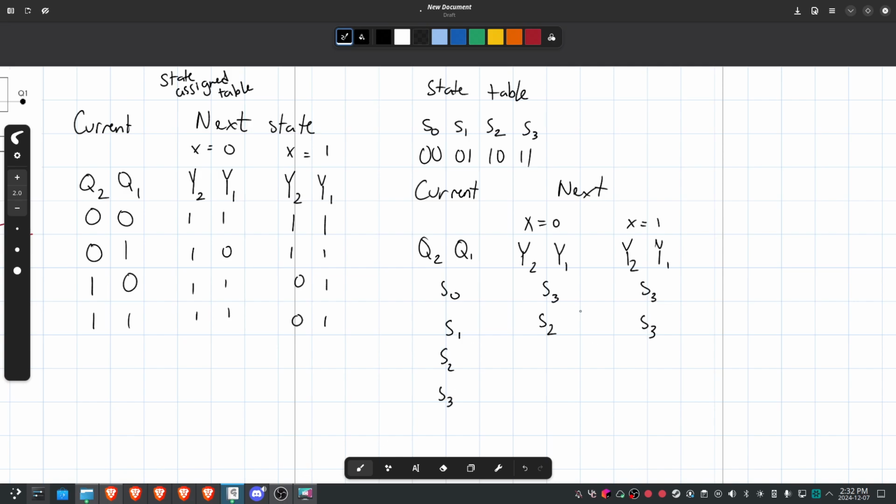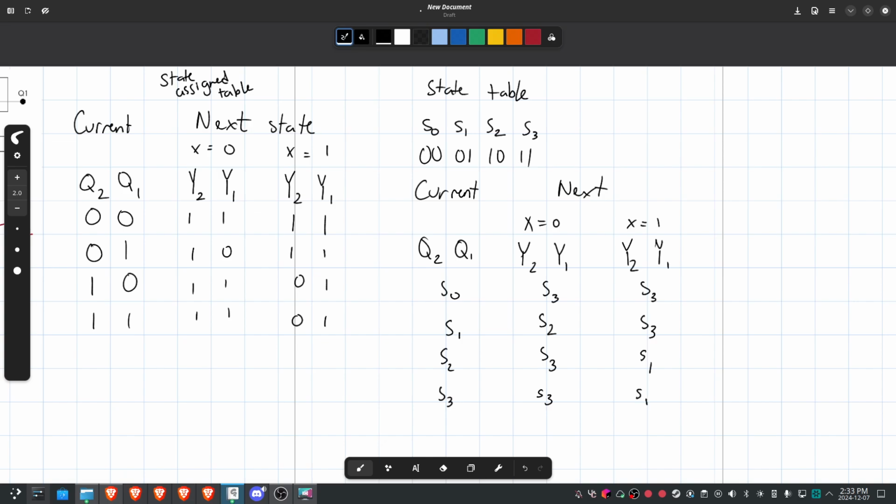S2, let me just fill this out. S2 is going to turn to S3. This is S1. Again, 0, 1, S1, S1. That's it. And then finally for S3 here, we have S3 and S1.